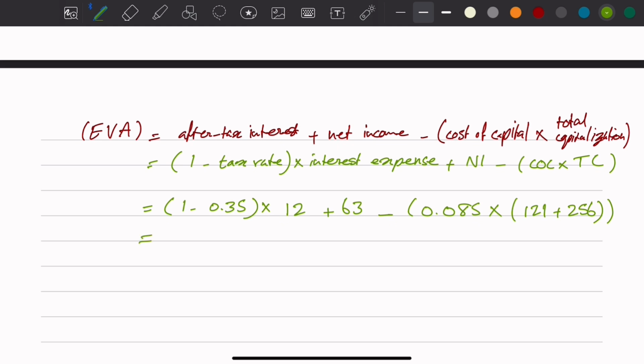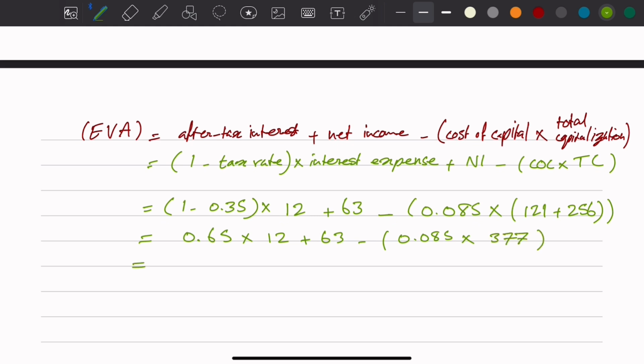Now, 1 minus 0.35 would be 0.65 multiplied by 12, plus 63, minus 0.085 multiplied by 121 plus 256, that's 377.